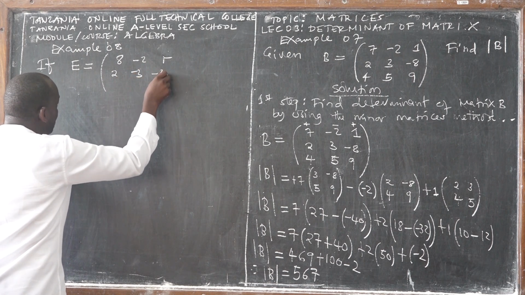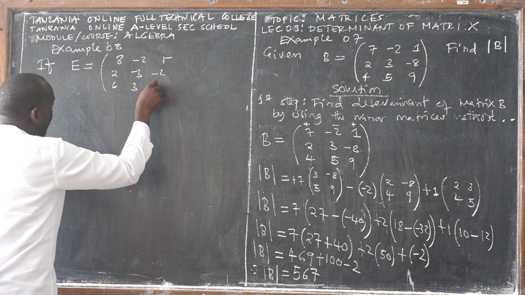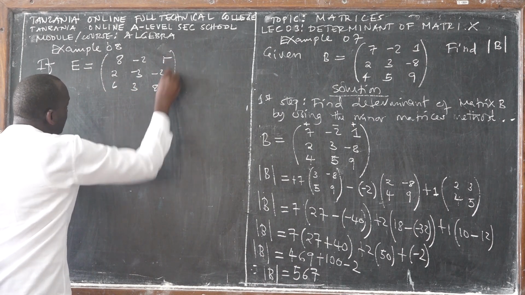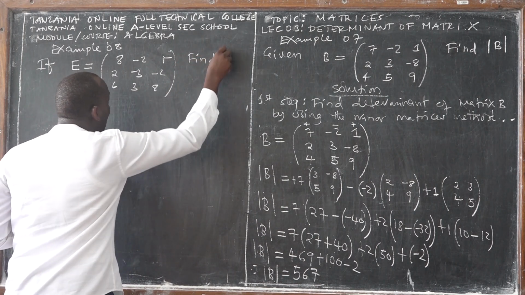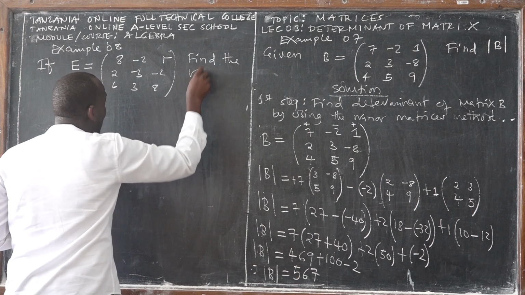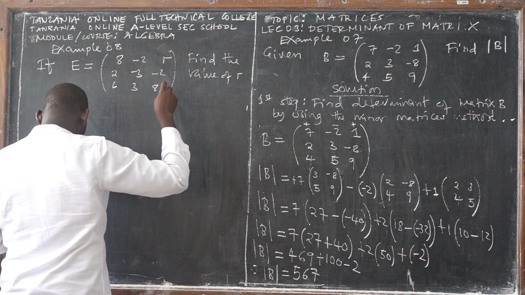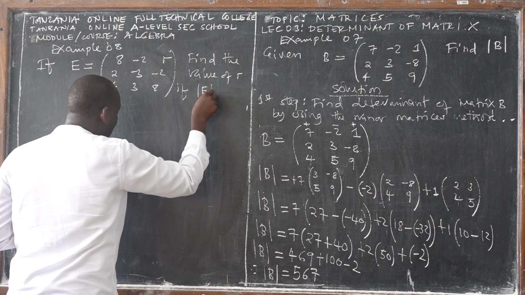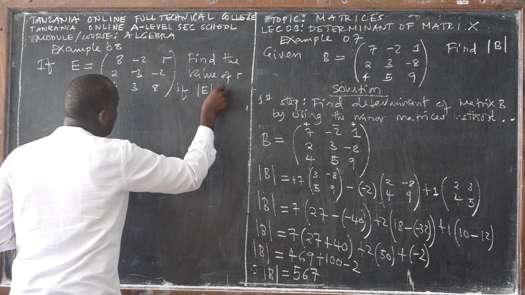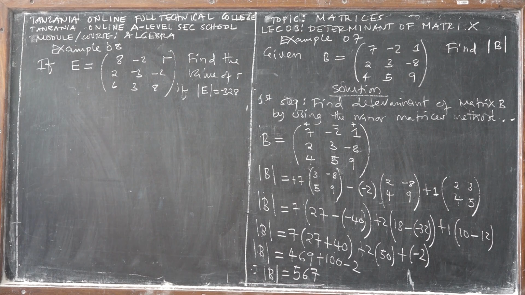And here we have negative 2. And here we have 6. We have 3. We have 8. Then the question asks us, find the value of R if determinant of matrix E is equal to negative 328.